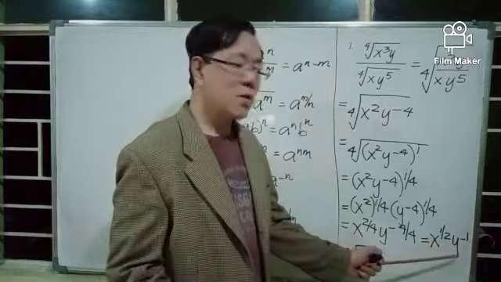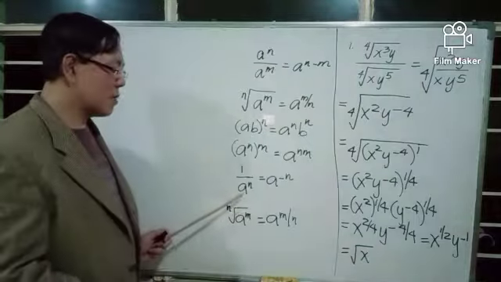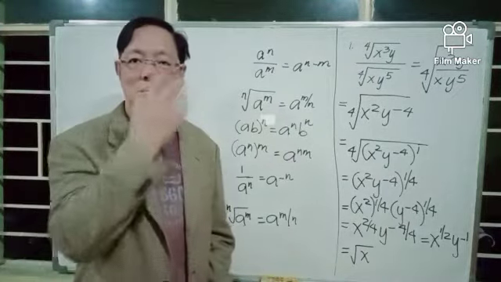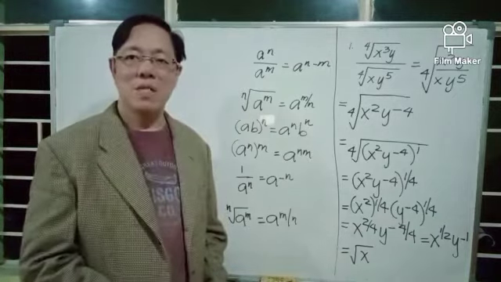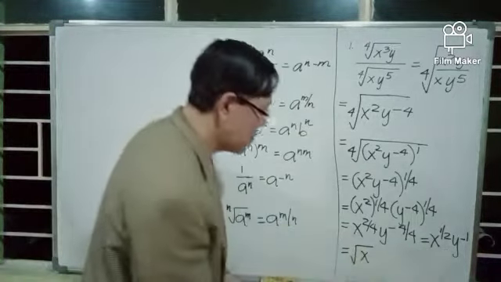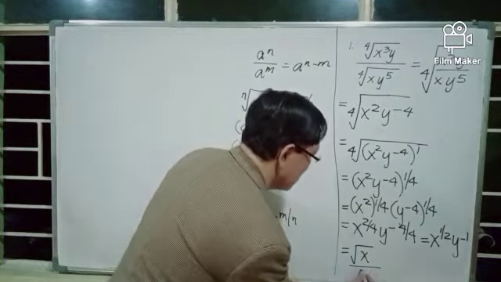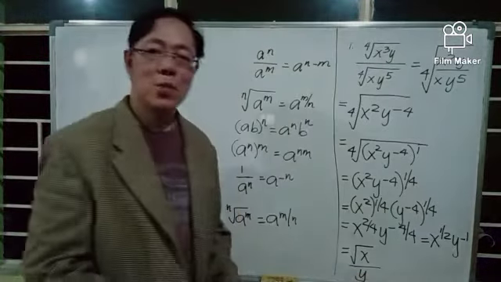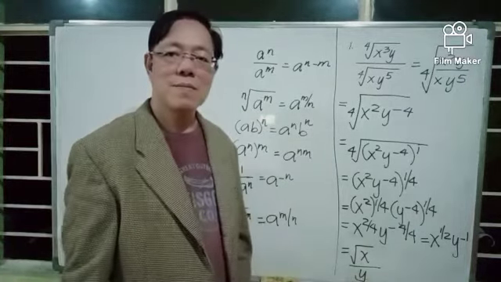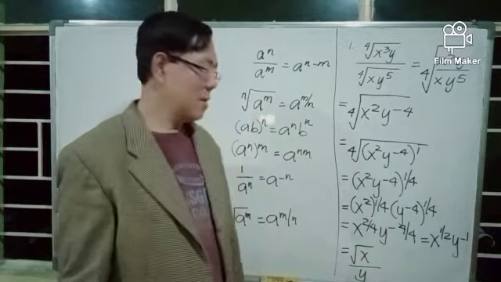And we bring y to the negative 1 to the denominator by this property, and we take the opposite sign of negative 1. It becomes positive 1. So we bring this in the denominator, divide by y raised to 1. But again, we no longer write the exponent 1 of y.